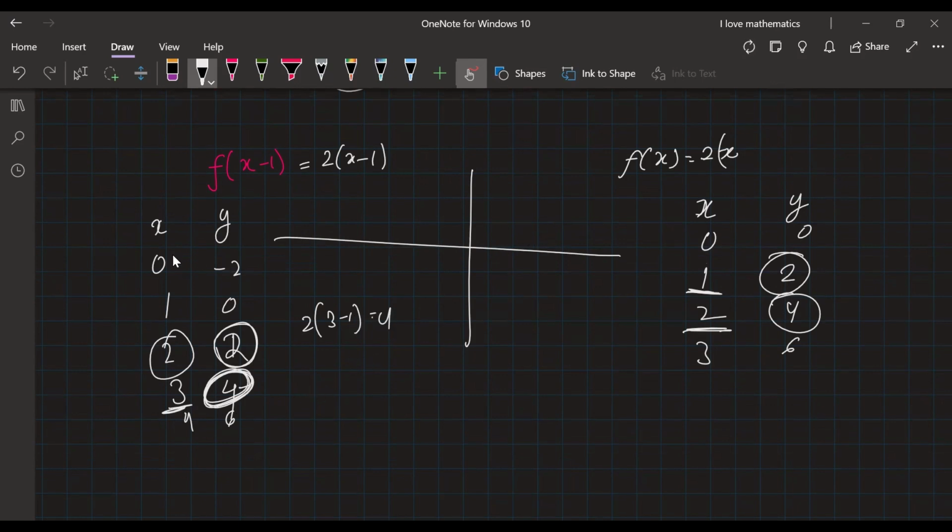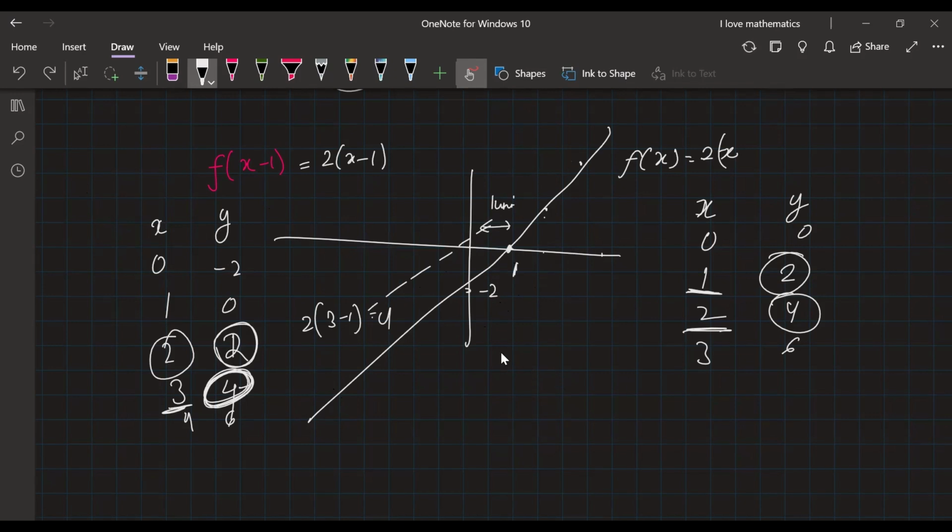So the graph is just like this. At 0 it's minus 2. At 1 it's 0. At 2 it's 2. At 3 it's 4. And at 4 it's 6. So you can see the graph is shifted 1 unit, right? Earlier it was like this. But why?